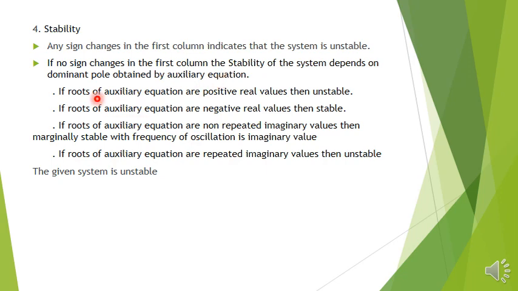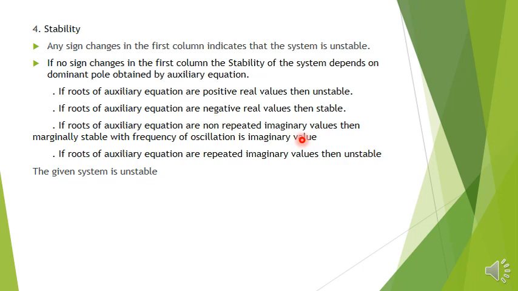If the roots of the auxiliary equation are positive real values, then it is unstable. If the roots of the auxiliary equation are negative real values, then it is stable. If the roots of the auxiliary equation are non-repeated imaginary values, then it is marginally stable, with the frequency of oscillation given by the imaginary value.